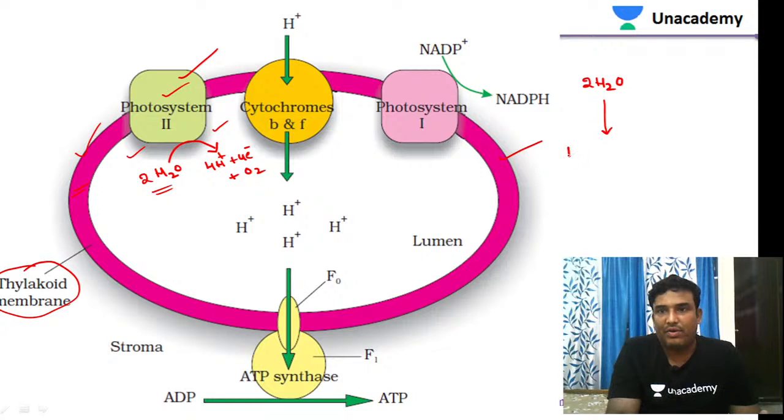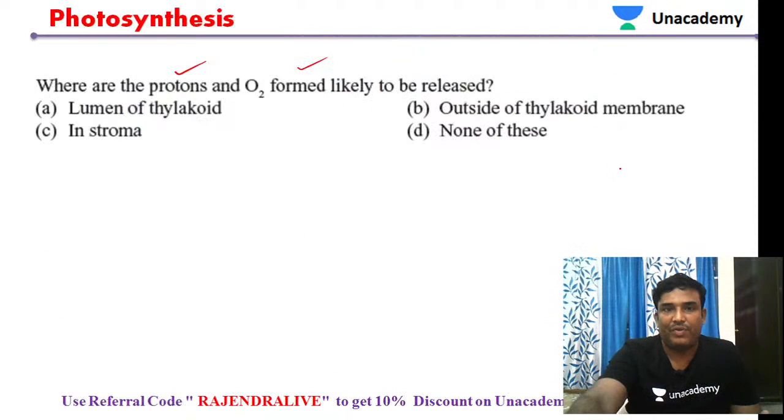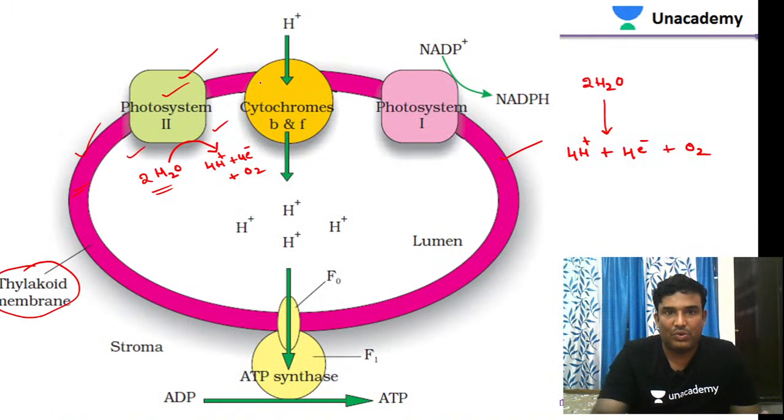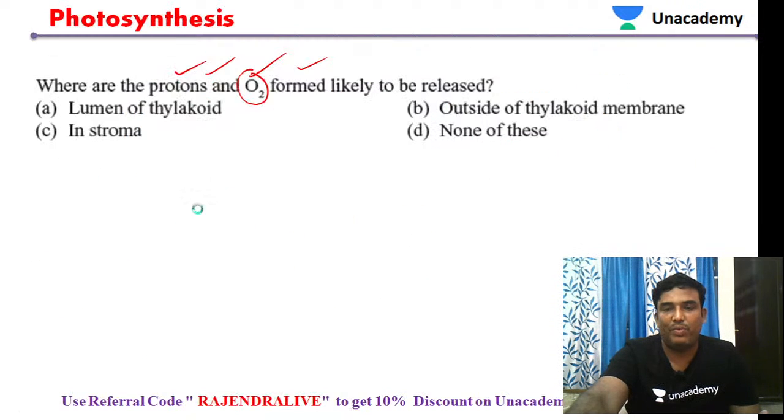We get 4 protons plus 4 electrons plus an oxygen molecule. These are the products. Where are they released? They are released in the lumen of the thylakoid, or the inner side of the thylakoid.